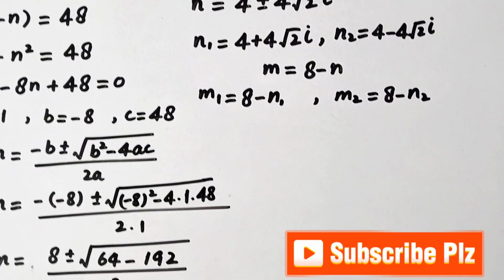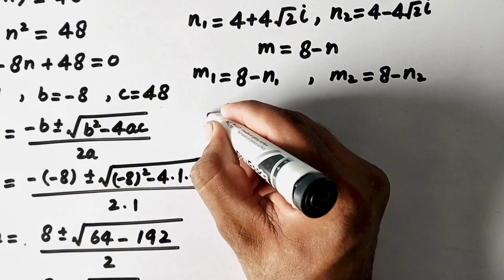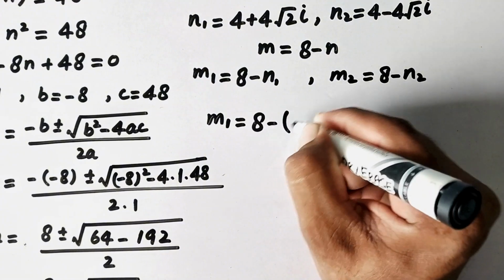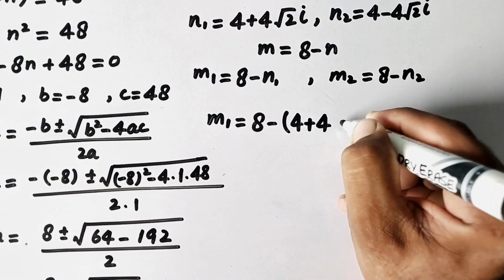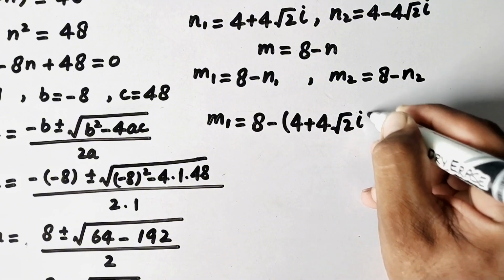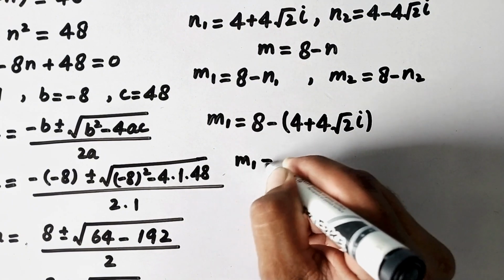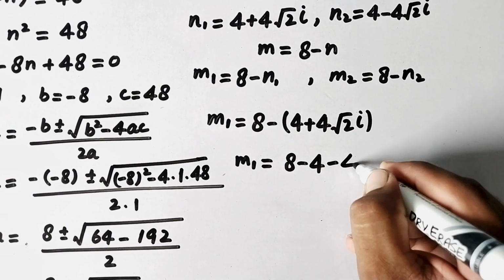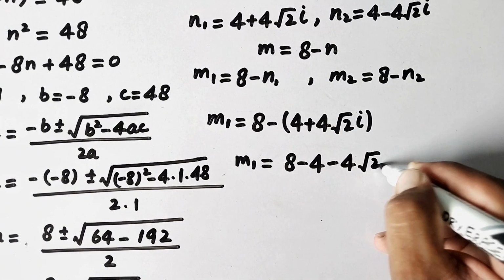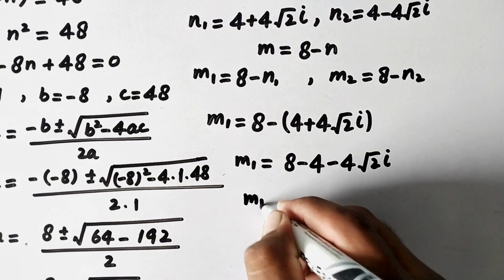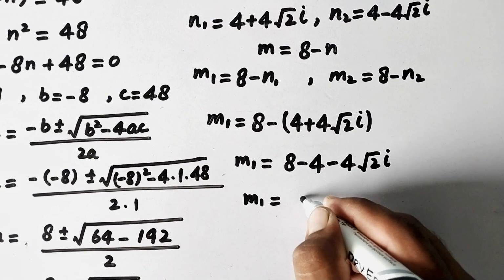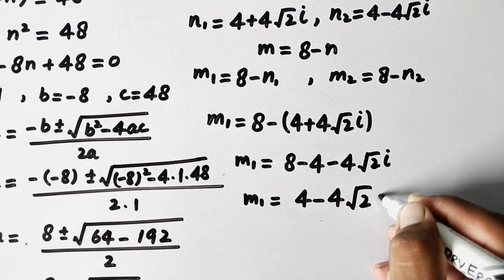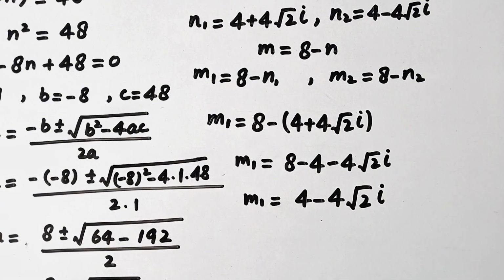So now m1 is equal to 8 minus 4 plus 4 times root of 2 times i. Now m1 is equal to 8 minus 4, minus times plus is minus 4 times root of 2 times i. Now m1 is equal to 8 minus 4 is 4 minus 4 times root of 2 times i. That is the value of m.